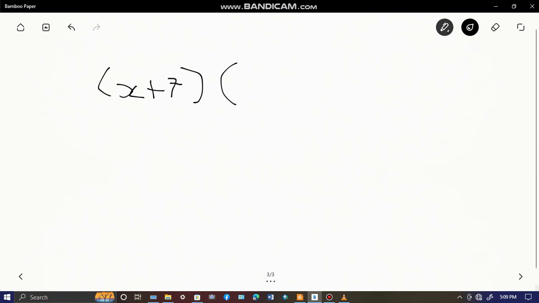It doesn't matter which, they are equal anyway. So you have x plus 3. By reaching that stage, if you have two brackets where each bracket has two terms, it means you have factorized the quadratic expression.